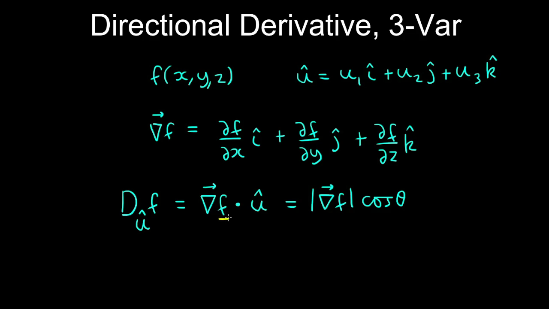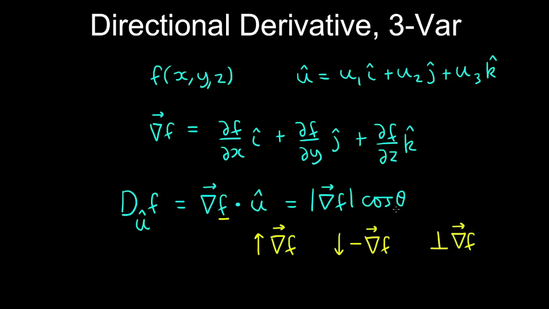So therefore the function increases most rapidly in the direction of the gradient, decreases most rapidly in the opposite direction to the gradient, and the directional derivative is 0 in any direction that's orthogonal to the gradient.